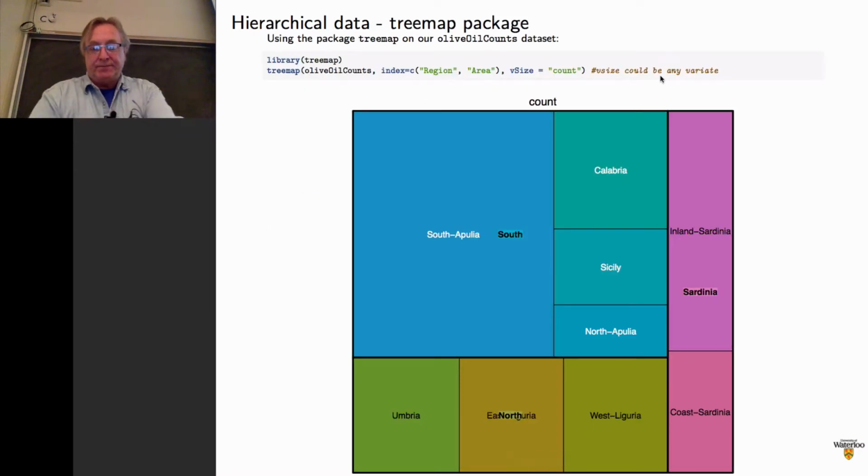So what's happened? First of all, this whole left-hand side got divided by this vertical line, so Sardinia got peeled off here. Then Sardinia got split into coastal and inland. The north, unfortunately, ended up on the bottom, which is backwards for us if we think about maps. But north is on the bottom. This got sliced across this way.